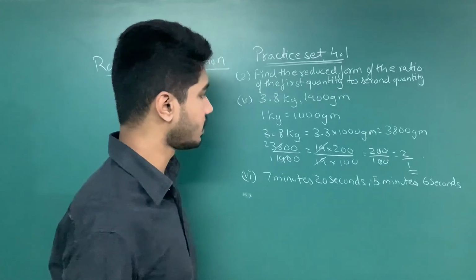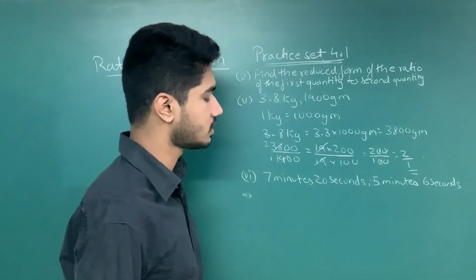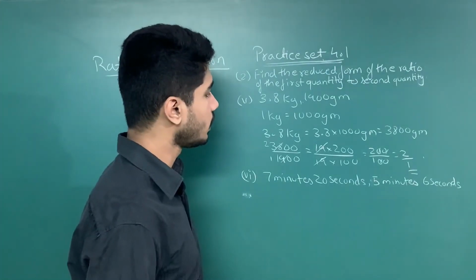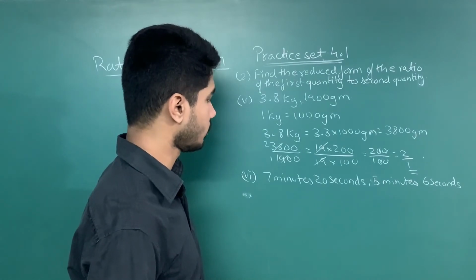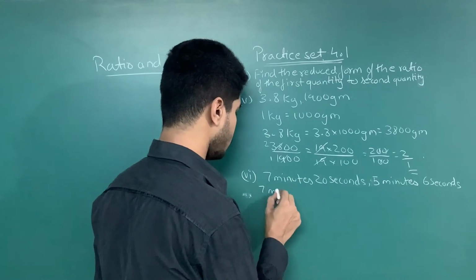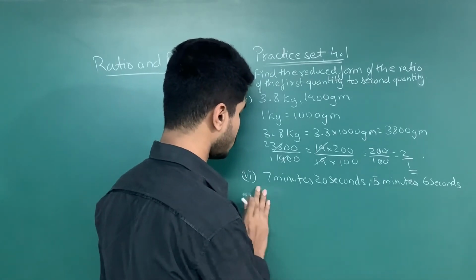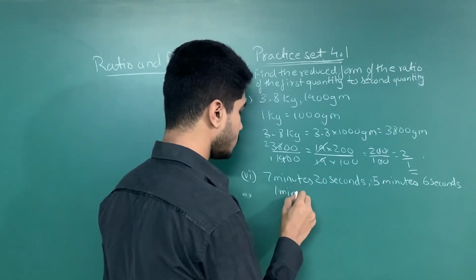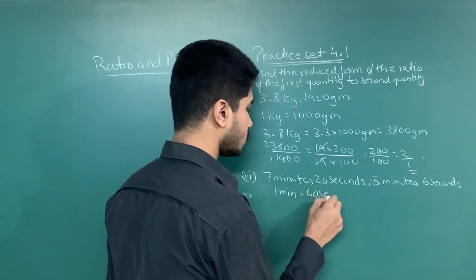Sixth question, 7 minutes 20 seconds, 5 minutes 6 seconds. Now you need to convert this into similar quantity. So let's convert these minutes into seconds. 1 minute is equal to 60 seconds.